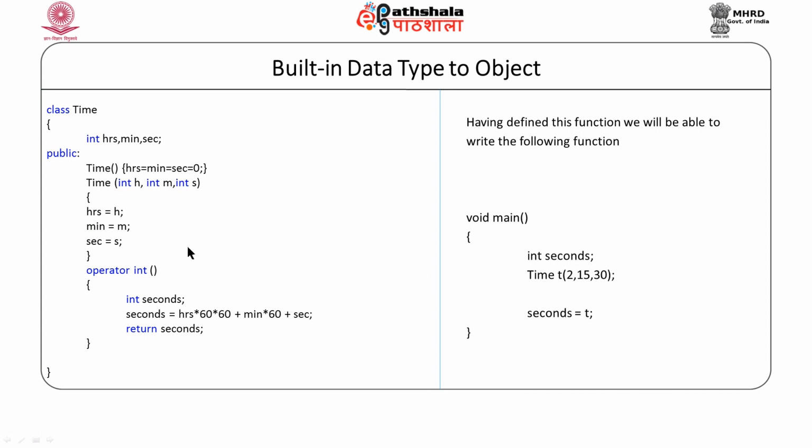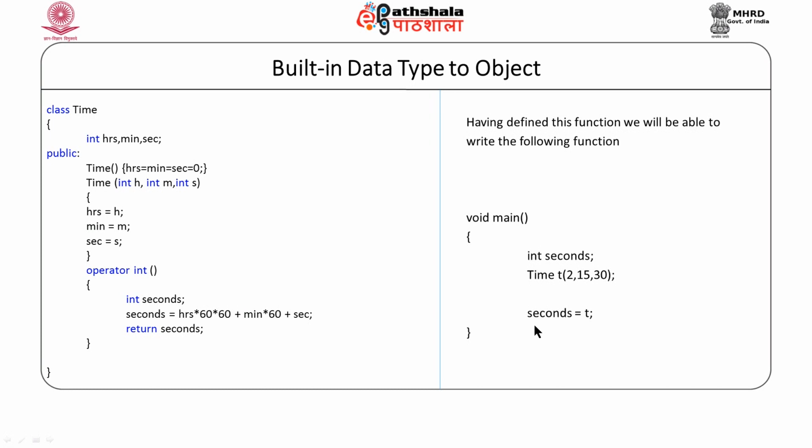So, t will be invoking this operator function, and hence hours is the hours of t, minutes is the minutes of t, and seconds is the seconds of t. These three values will be converted into a single integer value which represents the total seconds, and that is being returned. So, this operator function after invocation will return an integer value, and that integer value will be assigned to seconds.